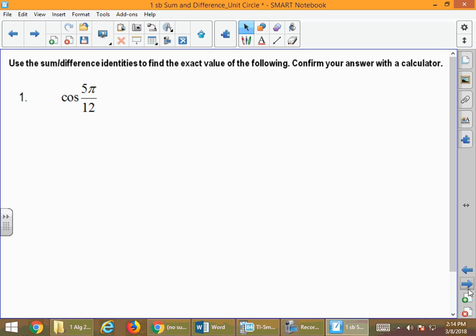But let's look and see how these work here to finish. The first one is cosine of 5 pi over 12. To avoid flipping your paper back and forth, you might look at your reference sheet, which is pink. And cosine of 5 pi over 12 is up there in our second value.